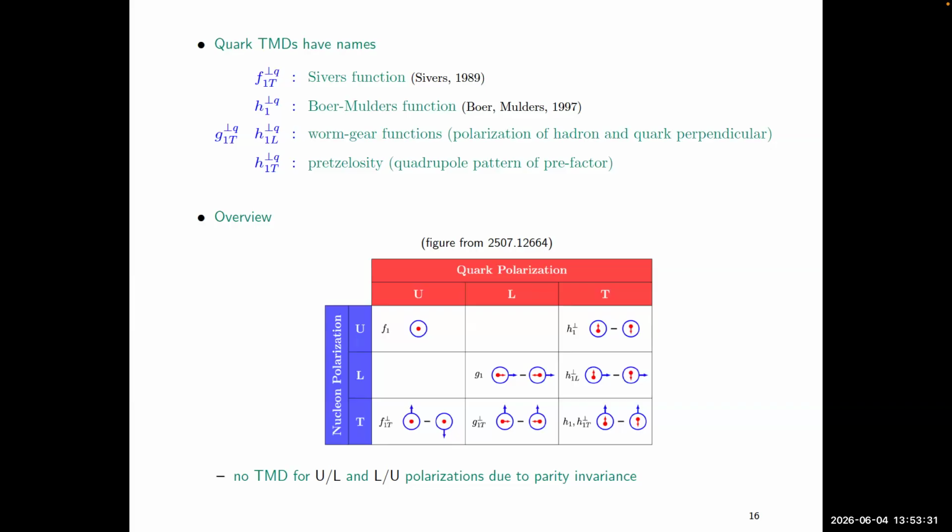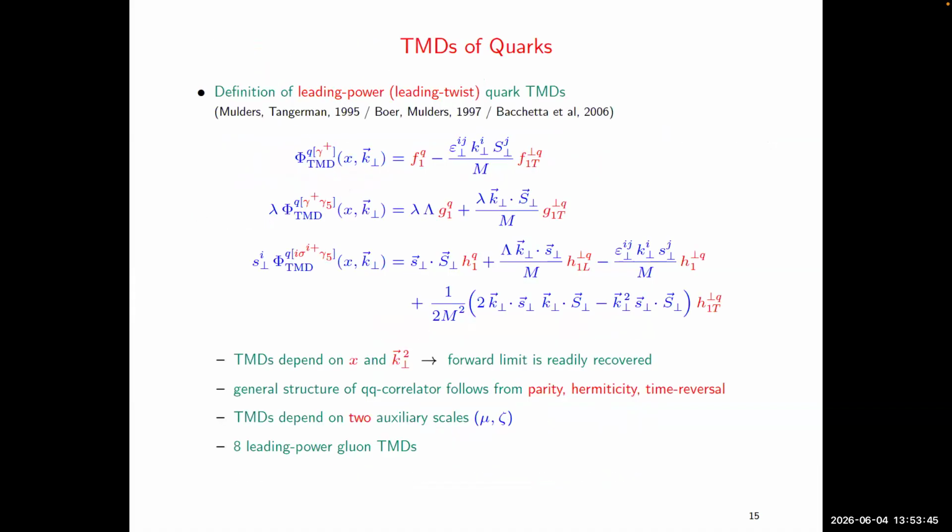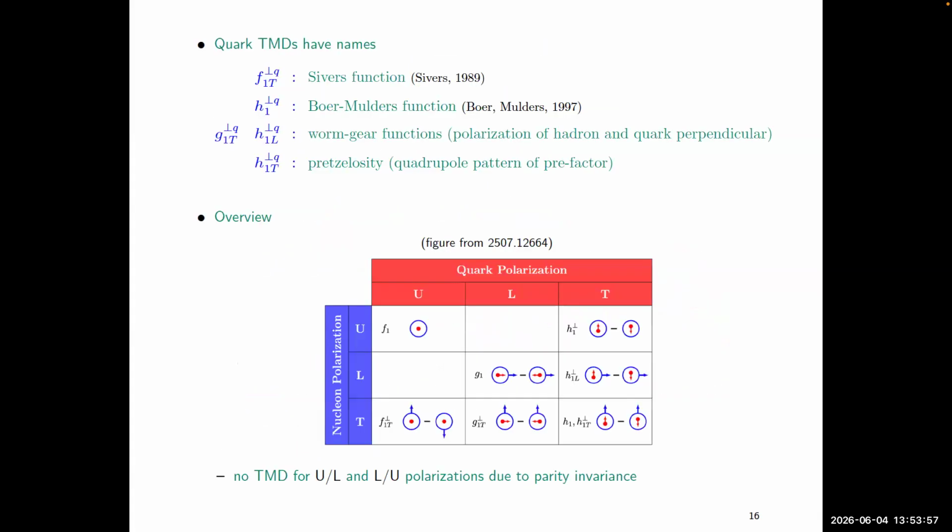And then finally, a name here which I personally never liked, pretzelosity. It's a bit slow. Anyway. The reason why it's called pretzelosity is the following. The structure in front of this H1T perp is a quadrupole structure. And so that's why people basically gave this name.